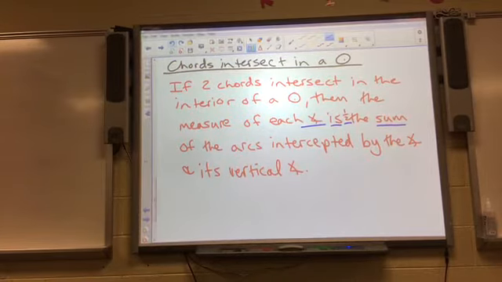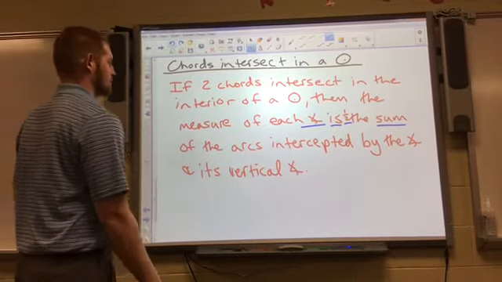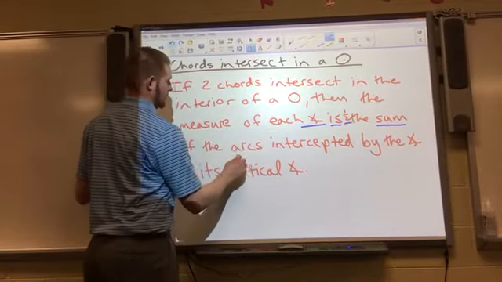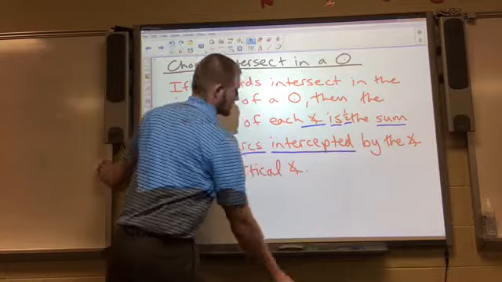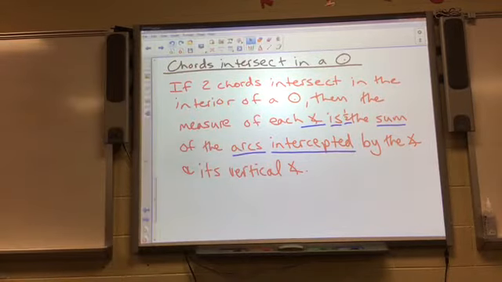The angle is 1/2 the sum of the arcs intercepted. I would say those are the 6 most important words in there. The angle is 1/2 the sum of the intercepted arcs.